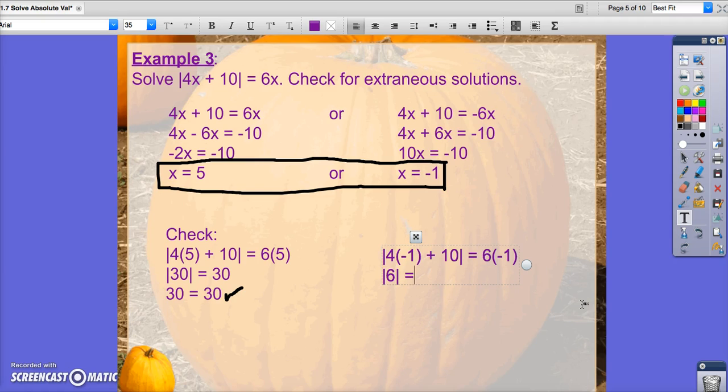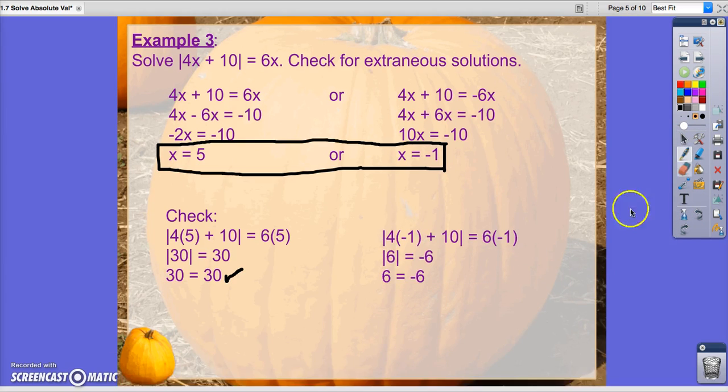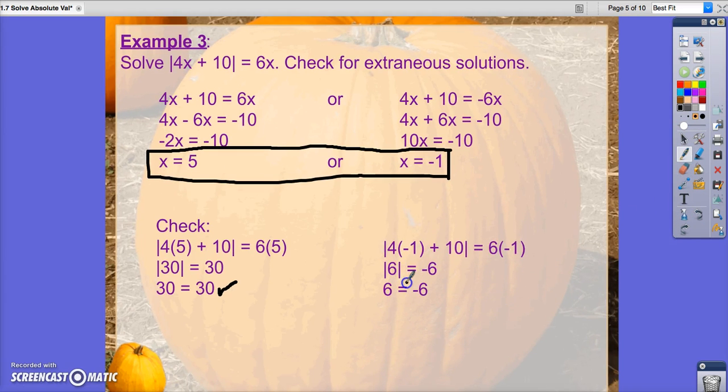The absolute value clears to the absolute value of negative 6. And on the right-hand side, I get negative 6. So the absolute value of 6 is 6, but we'll notice we have an issue here because 6 does not actually equal negative 6, right? Doesn't equal it.